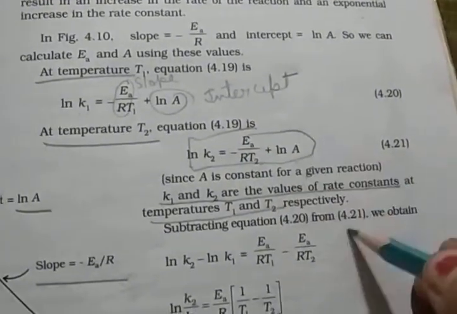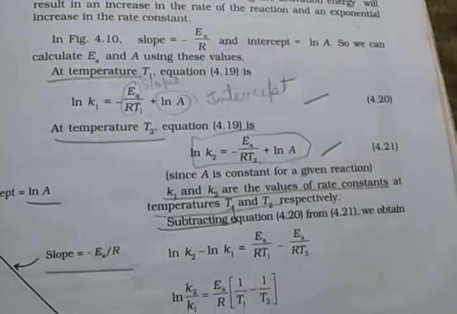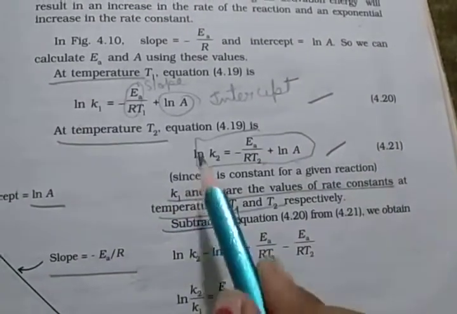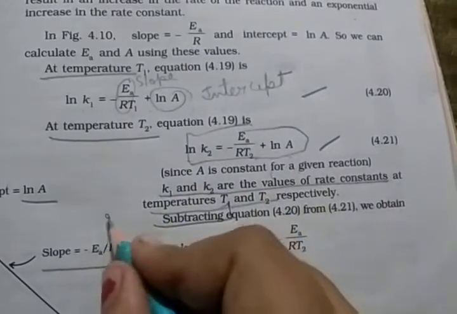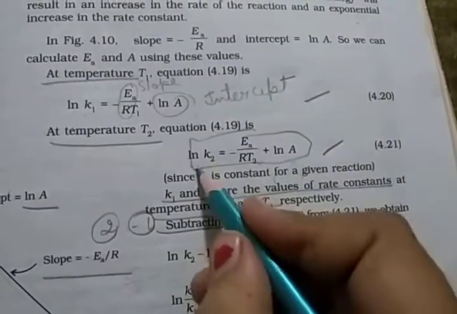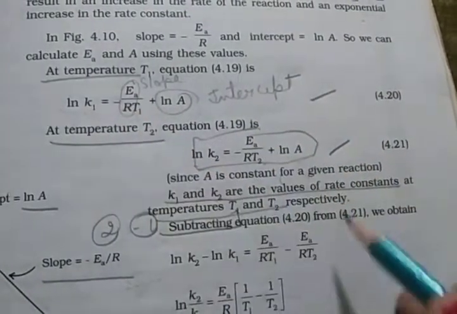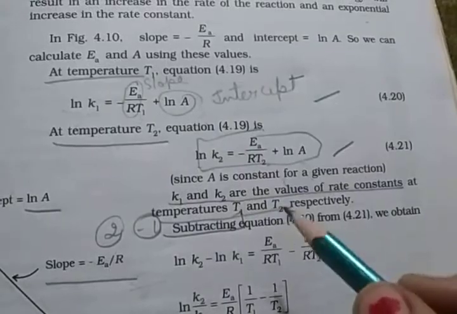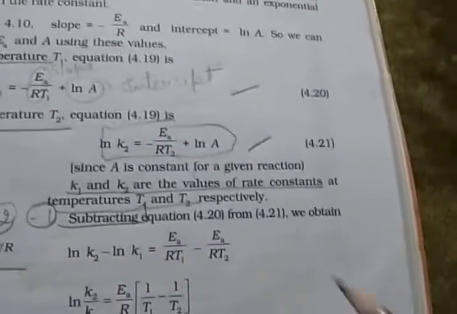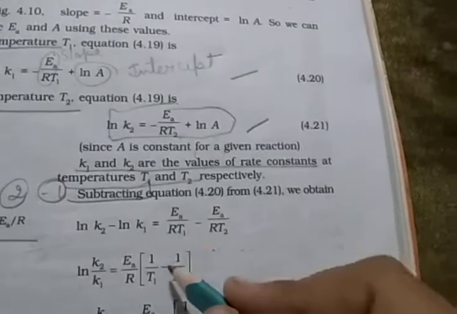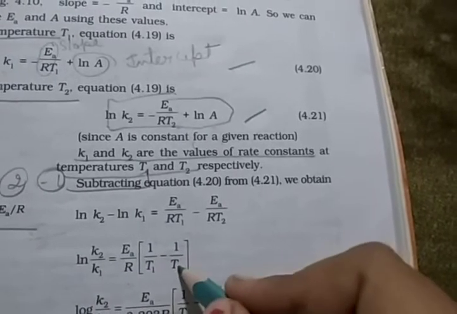Now we subtract the two equations: ln k2 minus ln k1 equals Ea upon R T1 minus minus. So ln A cancels, and Ea upon R is common, with the bracket 1 upon T1 minus 1 upon T2.